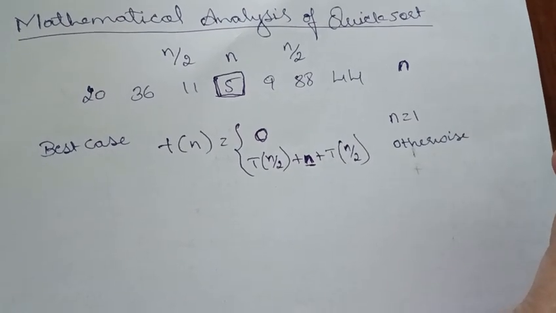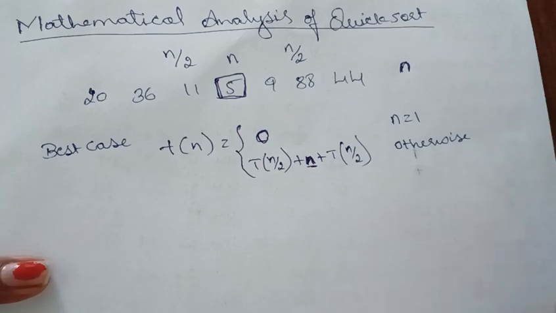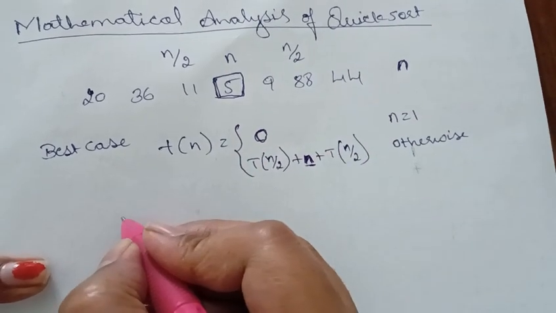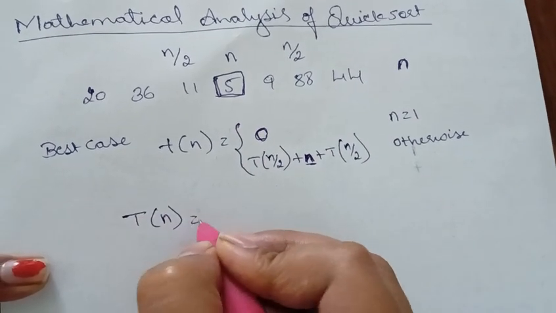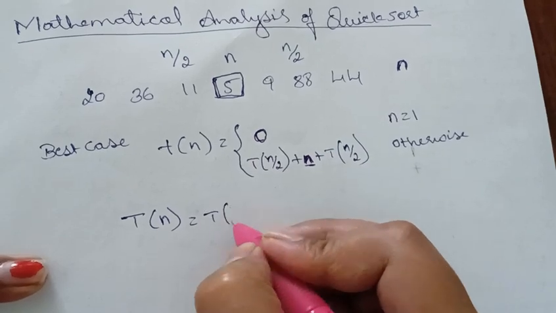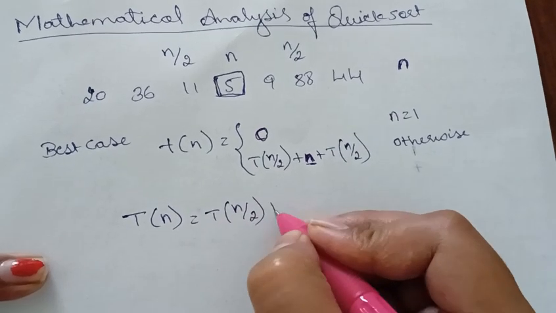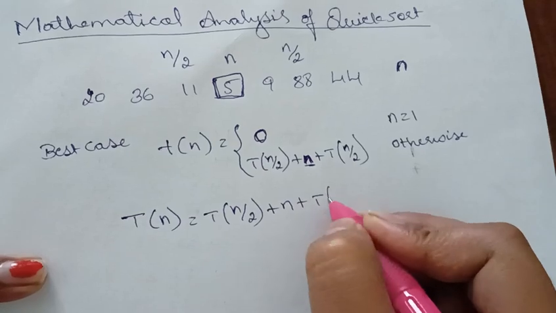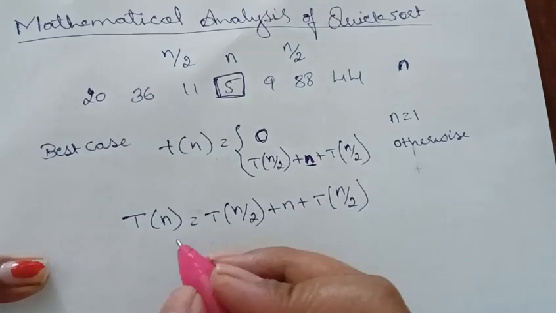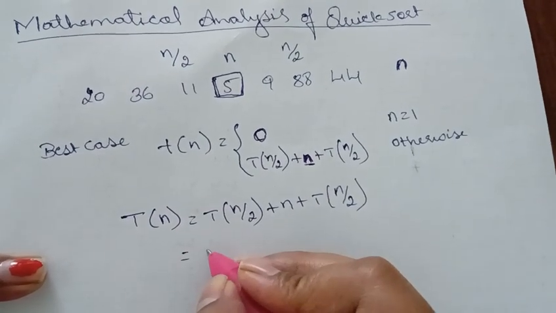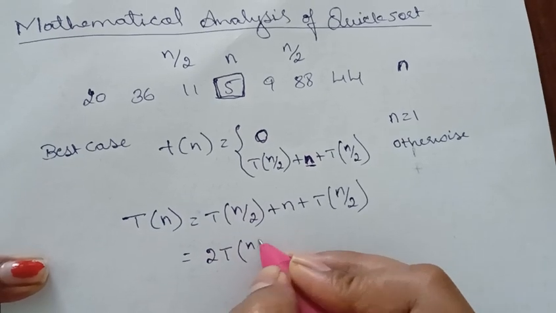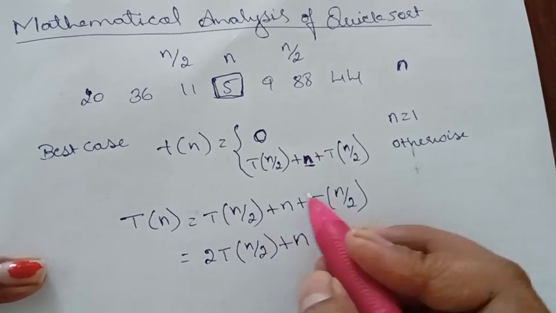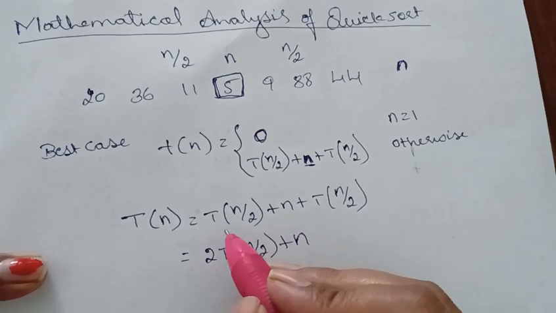Okay, so what I have to do is solve this best case. T of n is equal to T of n by 2 plus n plus T of n by 2. This one I can write as 2T of n by 2 plus n, because I have 2 T of n by 2.